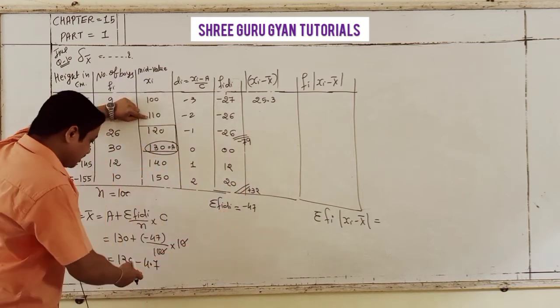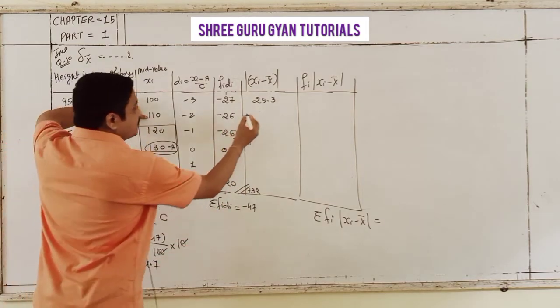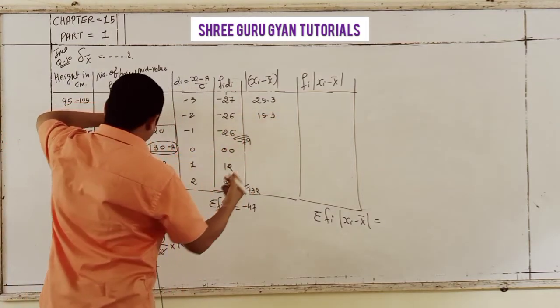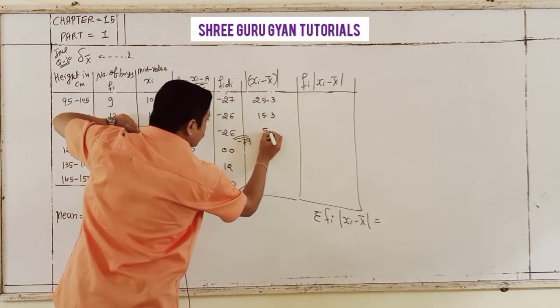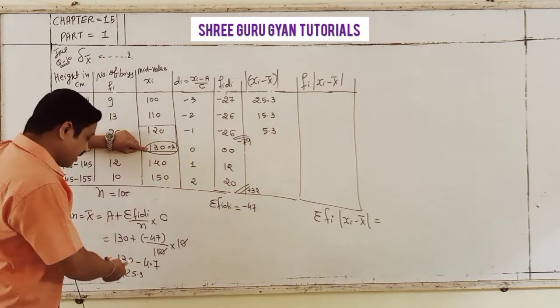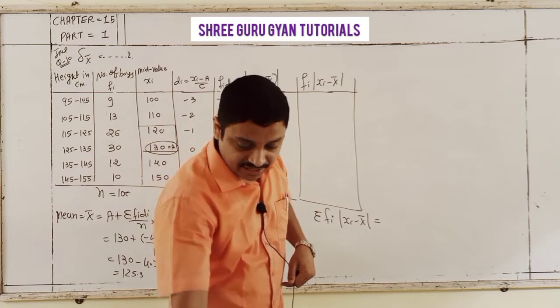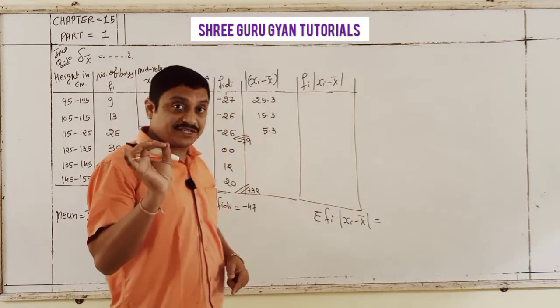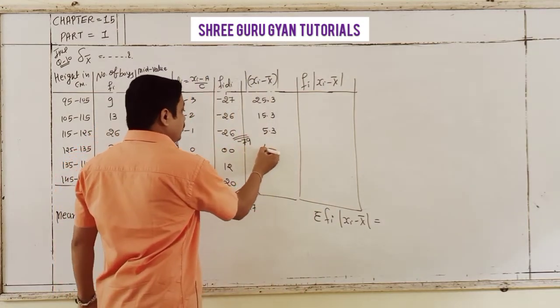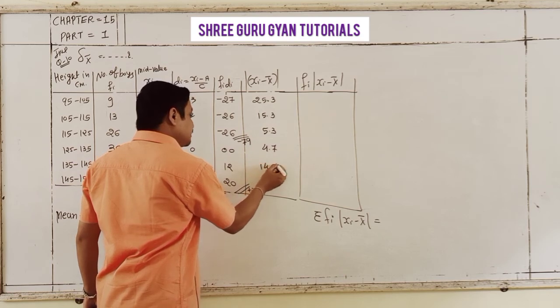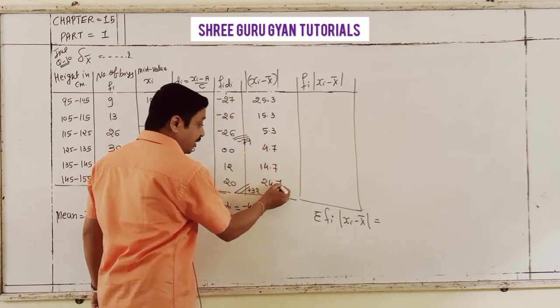Next 110 minus 125.3 is 15.3. Next 5.3. Now 130 minus 125.3 gives 4.7. Yes, 4.7. Next 14.7 and next 24.7.